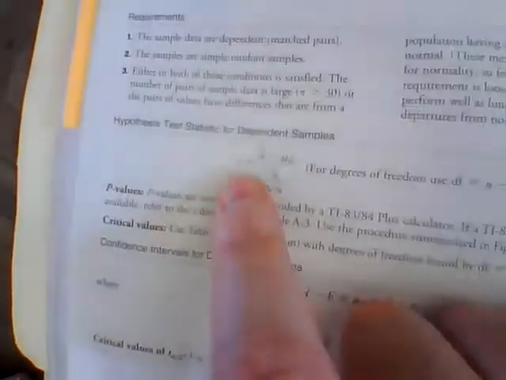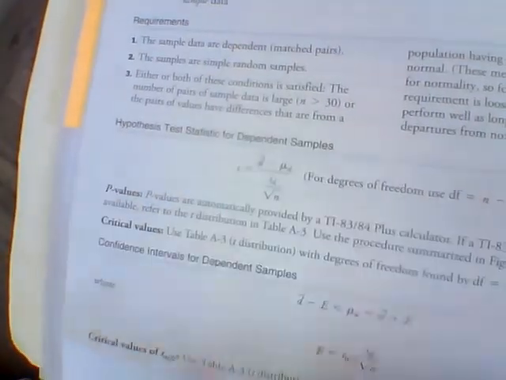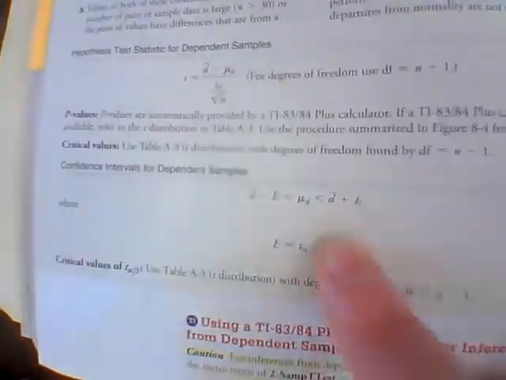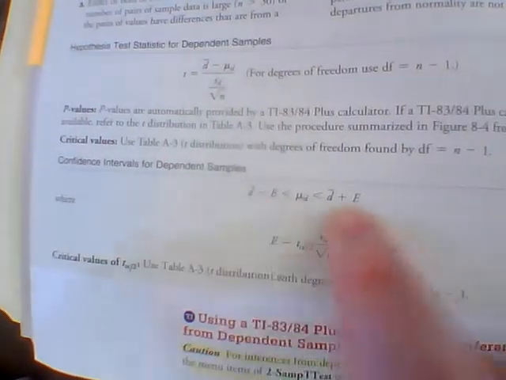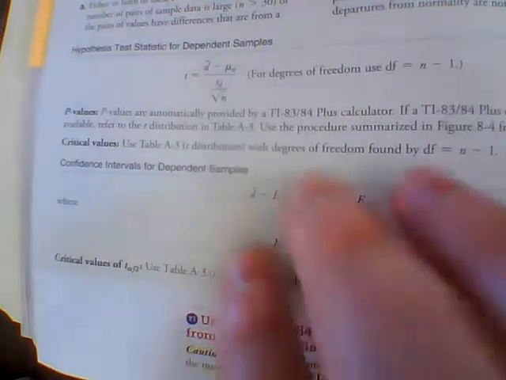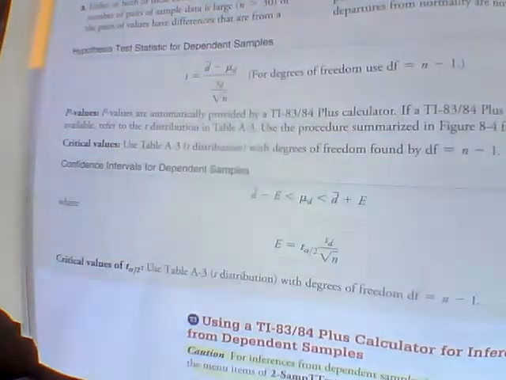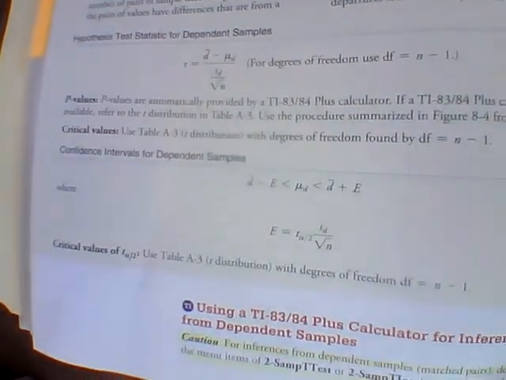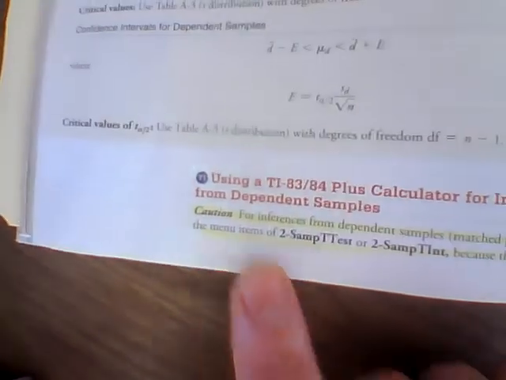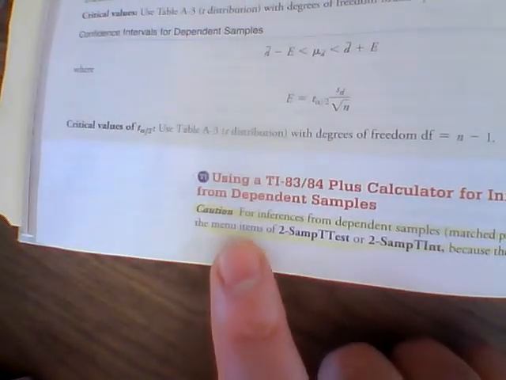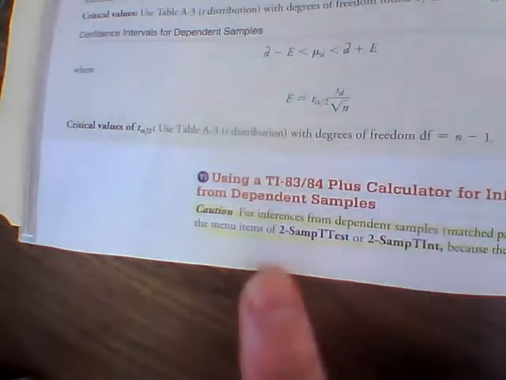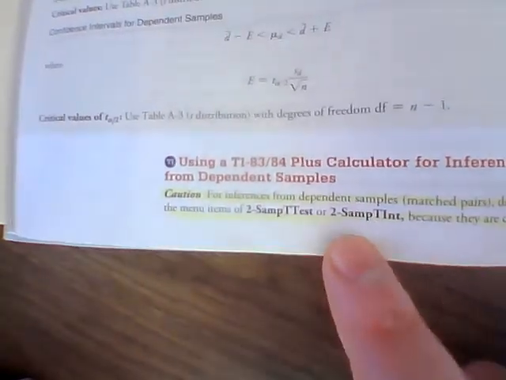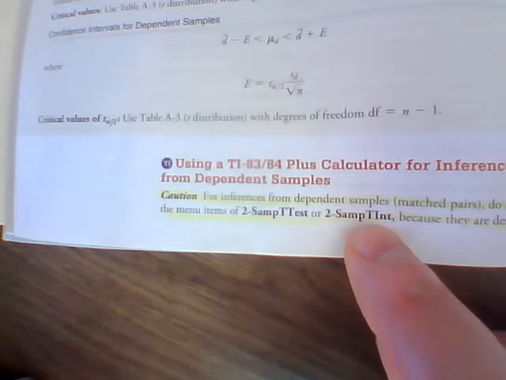Okay, we're going to be using a t-test overall. Once again, for the confidence interval, our mean difference is going to equal our lower bound, upper bound, because that's plus or minus our error. Now, caution. For inferences for dependent samples, matched pairs, do not use our two-sample t-test or two-sample t interval for a confidence interval.